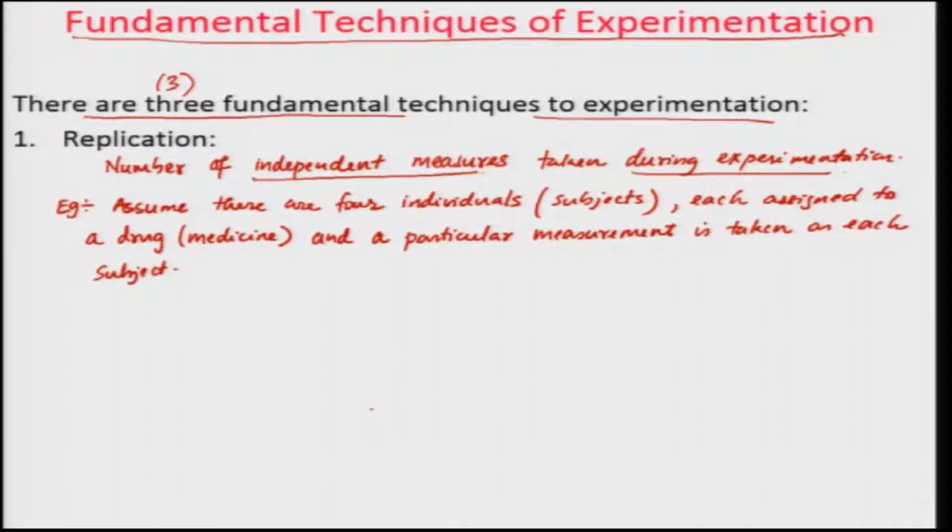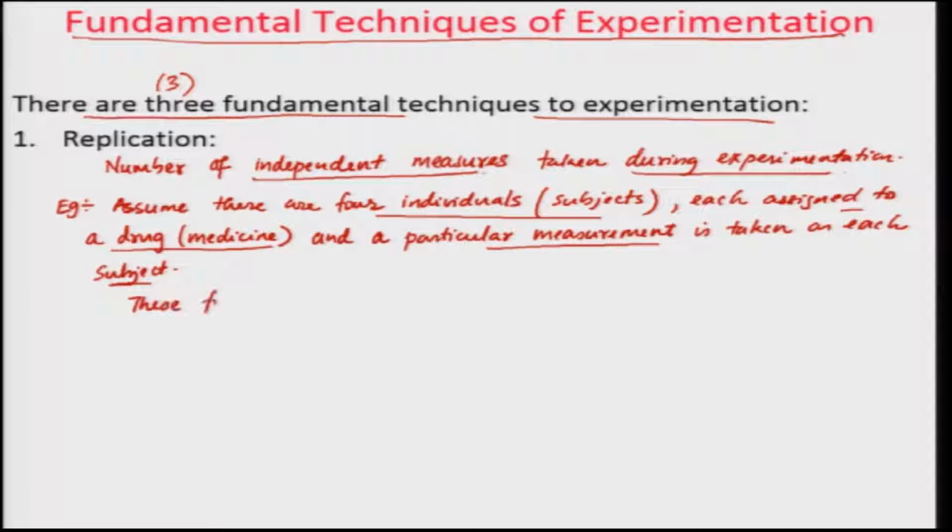So, assume that there are 4 subjects, each one of them is assigned a medicine or a drug, and we are taking a particular measurement of each subject. Let us say this is blood pressure, then we are taking the blood pressure of each subject.